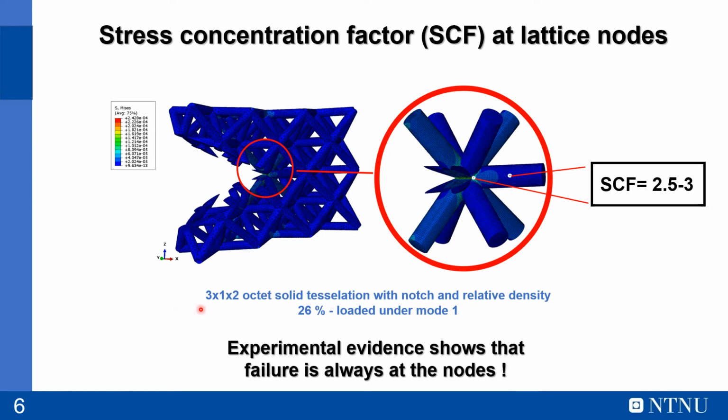Therefore, we have built a 3x1x2 octet tessellation with a notch and a relative density of 26% under mode 1. We obtained a stress concentration factor between 2.5 and 3, computed as the ratio between the maximum stress at the intersection of the beams and the stress at enough distance from that point.